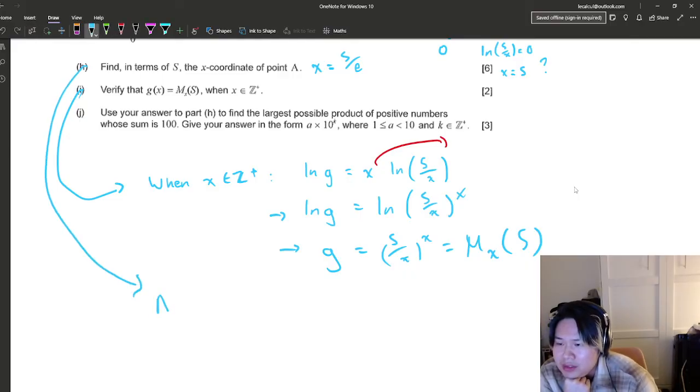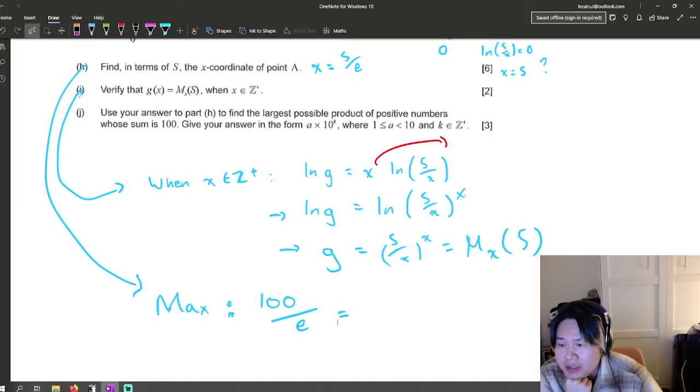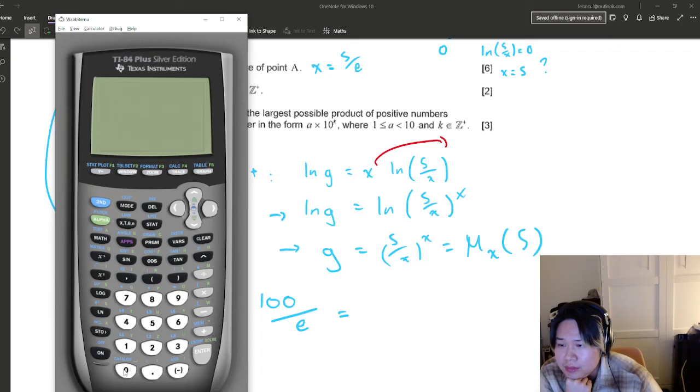So we know that the max is going to be at 100 over E, but then this is not an integer. So 100 divided by E is 36.7.